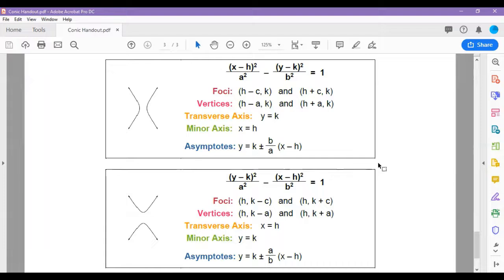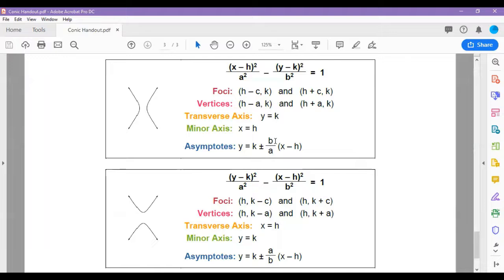What I was mentioning with the rise and the run is showing up here in our equations for our asymptotes. So we can see that for a vertical hyperbola, like we were just looking at, the rise was A, so we went up and then over for B. But if I'm one of these kinds of hyperbolas, to go from the center to my vertex, I'm going over, so that's my run. So B would be the rise, and then A would be the run.